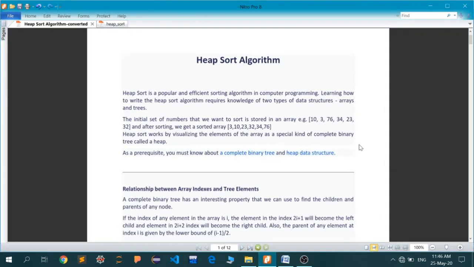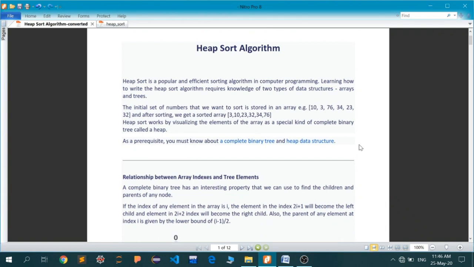So let's start. Heap sort is a popular and efficient sorting algorithm in computer programming. Learning how to write a heap sort algorithm requires the knowledge of two types of data structures, that is arrays as well as trees.